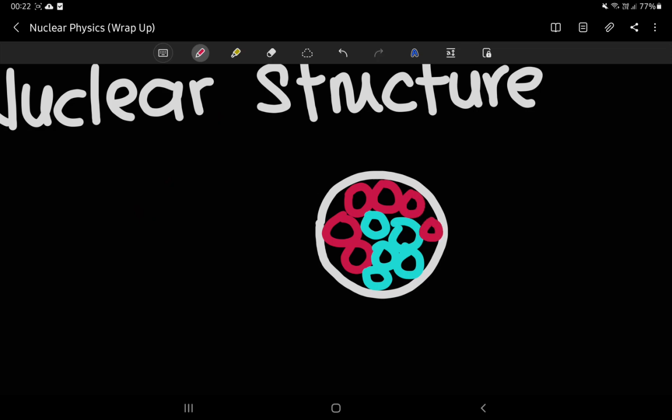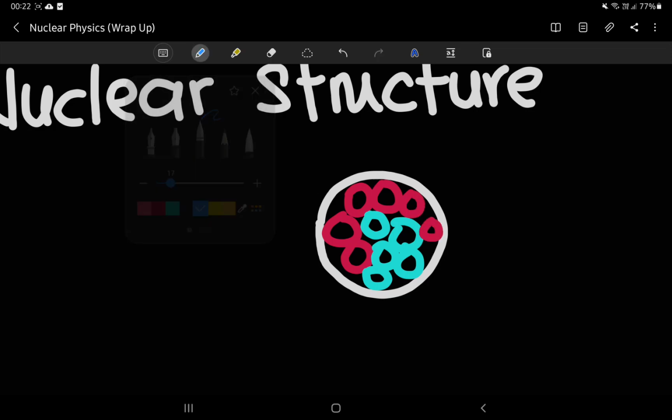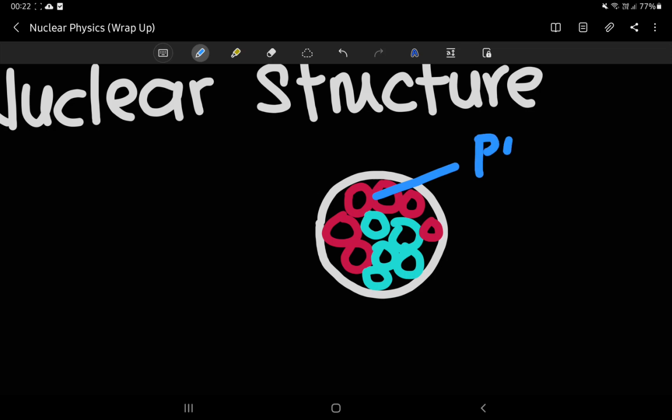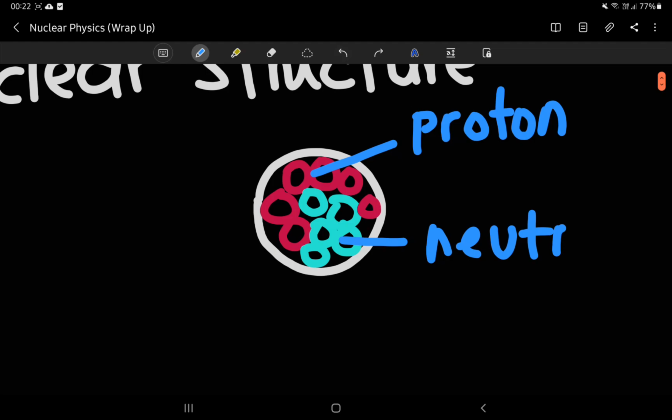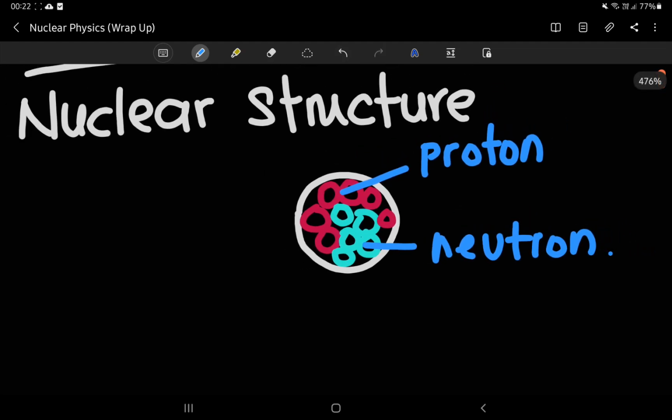Probably this is proton, this is neutron. So it's pretty simple.